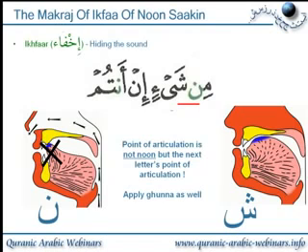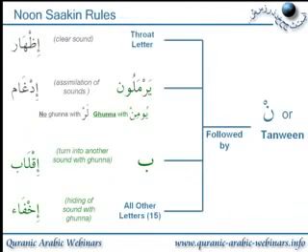So that is Ikhfaa. So, recap. Noon Saakin or Tanween followed by the throat letters is a clear sound, I pronounce normally. That's known as Izhar. If it's followed by one of the Yarmaloon letters, we do assimilation, known as Idghaam. If it's one of the Lam and Ra letters, you do no Ghunna.